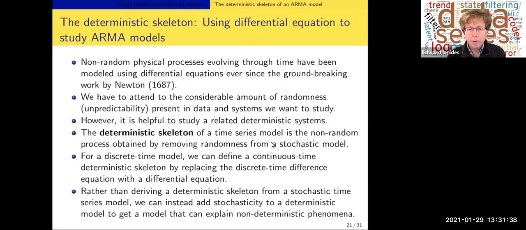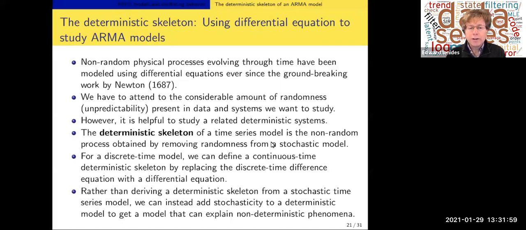For a discrete time model, we can define a continuous time deterministic skeleton by replacing the discrete time difference equation with a differential equation. And that's convenient because it gets us back into the framework developed by Newton.